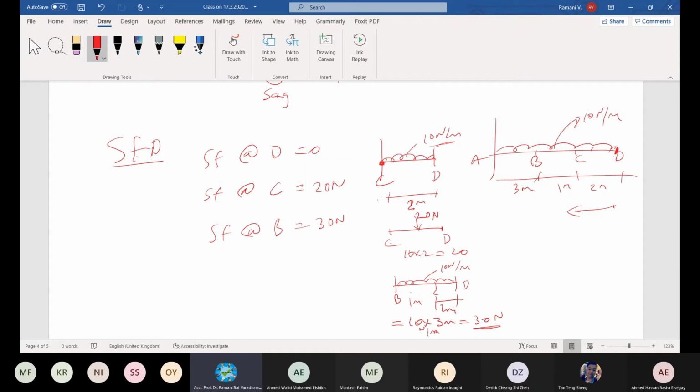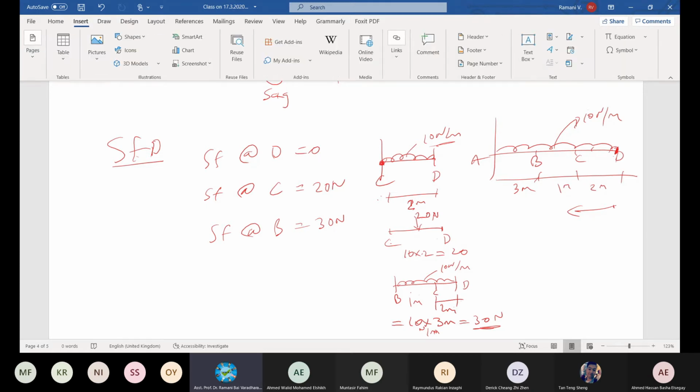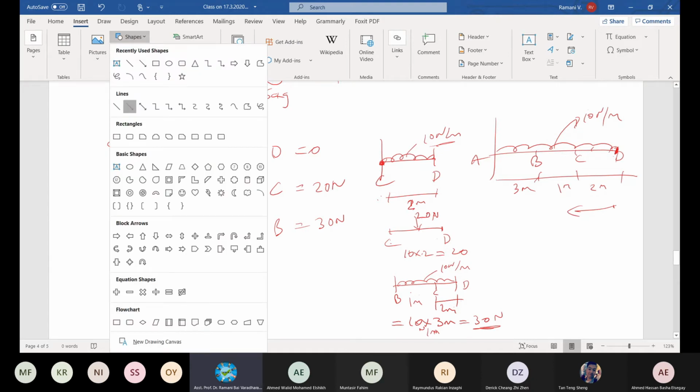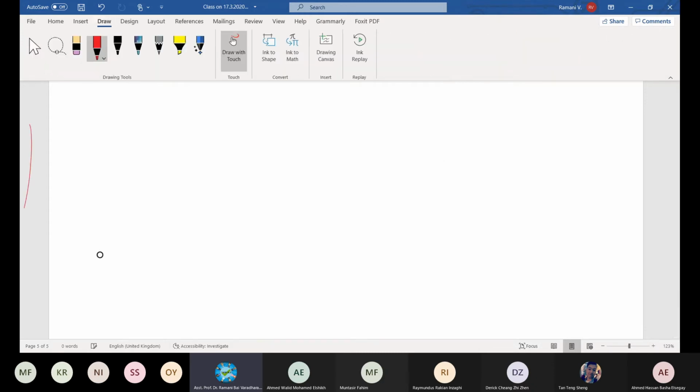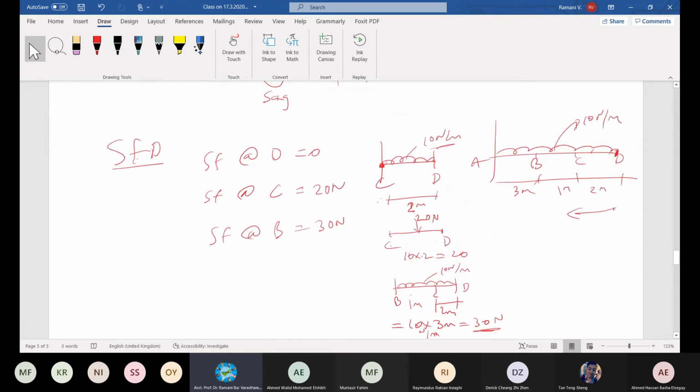Where's the ruler? Designer, draw, insert. Okay, I take this rod. Undo. Okay, let me finish it and then explain.